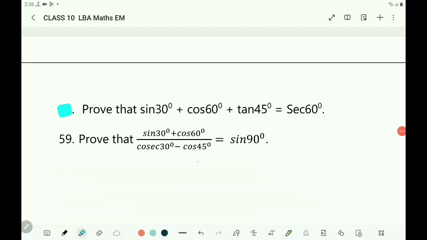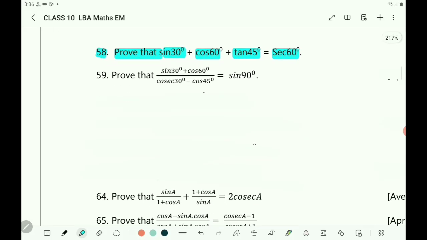Then question number 58. Prove that sin 30 degree plus cos 60 degree plus tan 45 degree is equals to secant 60 degree. So you take sin 30 degree plus cos 60 degree plus tan 45 degree.